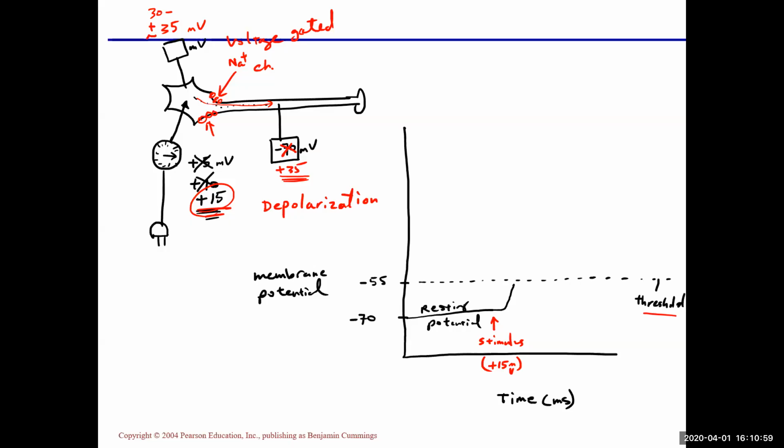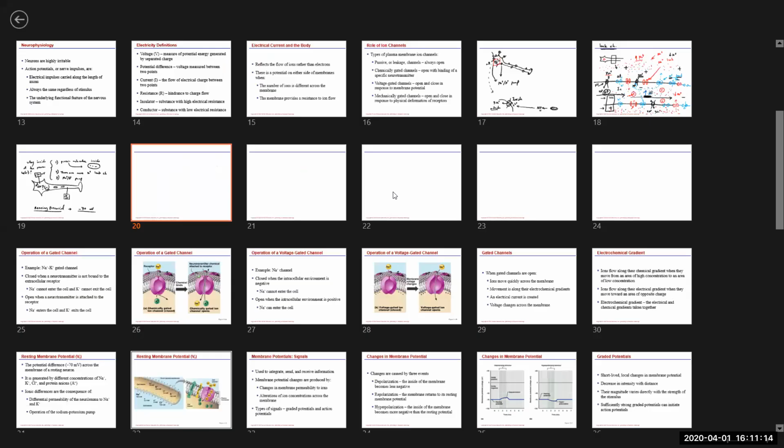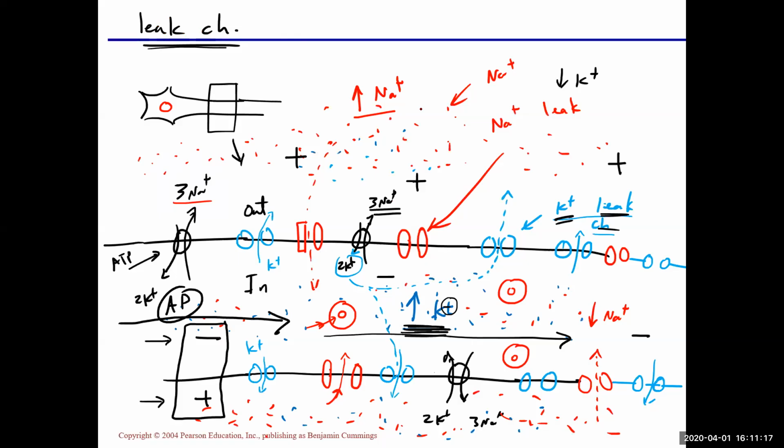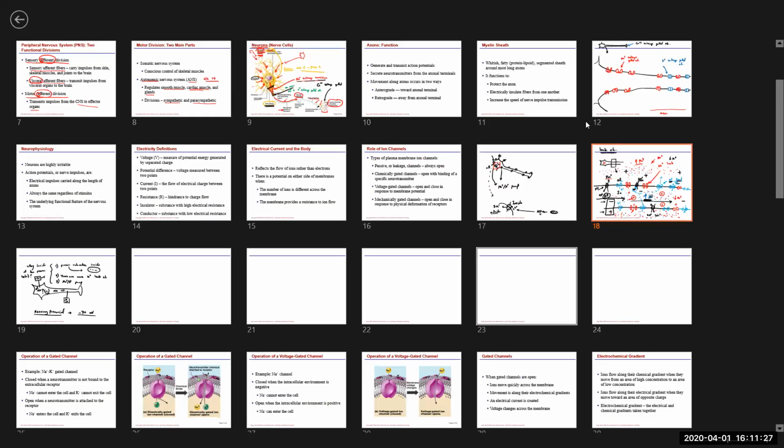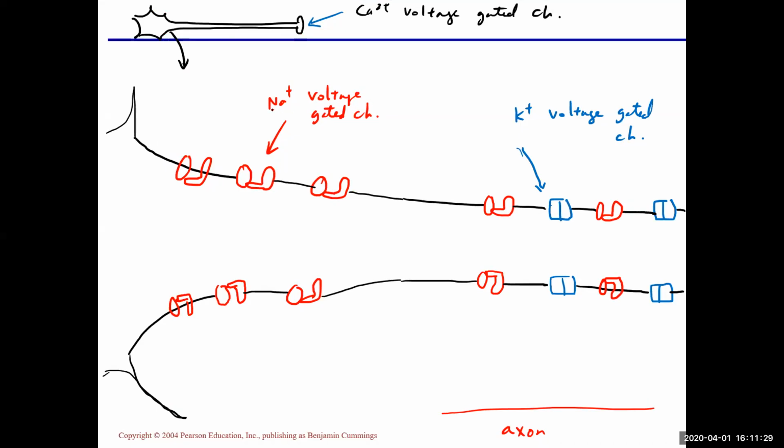And if these channels are open, remember, you had a higher amount of sodium outside, so it's going to rush in, as we discussed earlier. Now, they're not going through the leak channel, so we are not there. We are at the voltage-gated channels. When there is enough voltage, all of these channels open.